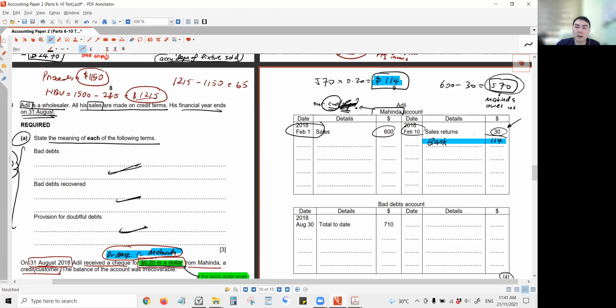This is crediting Mahinda. Don't tell me this is crediting bank. You focus on the position of the number and the name of the account. This is crediting Mahinda, not crediting bank. The date is what? 2018. You don't have to write 2018 anymore, they have it on top. August 31st.